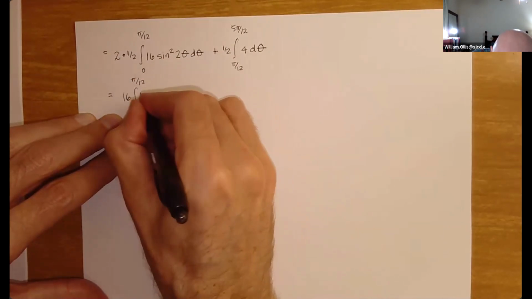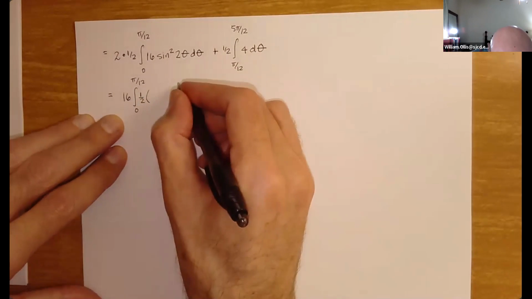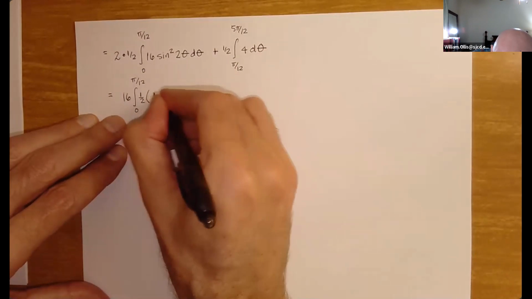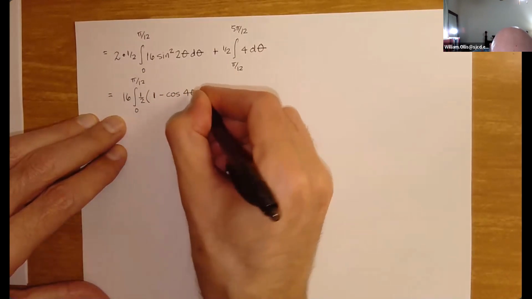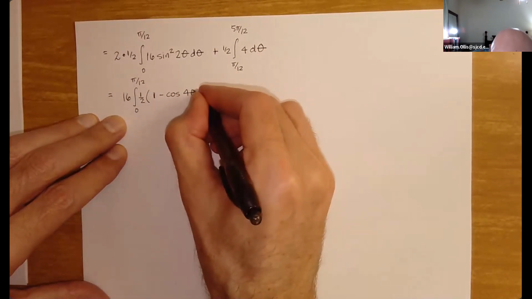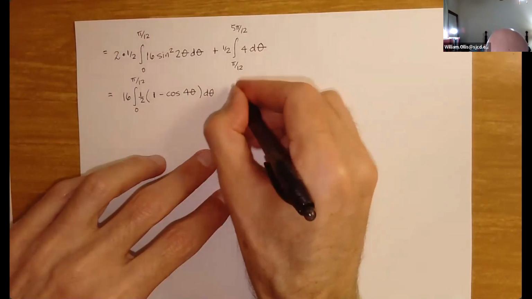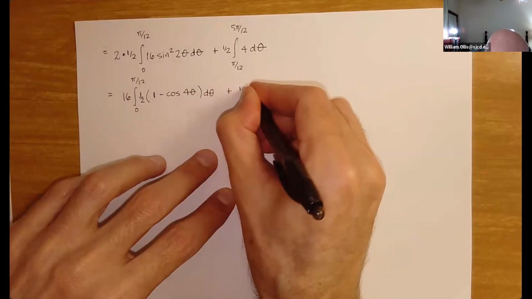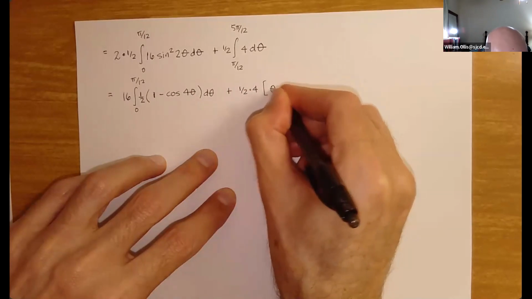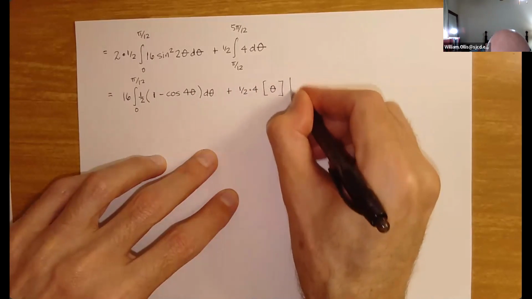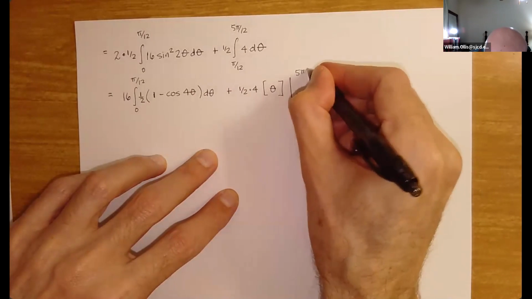So we'll have our 1/2, 1 minus cosine 4 theta, cosine of the quadruple angle, d theta. And now we have plus 1/2 times 4, and we just have a theta from pi over 12 to 5 pi over 12.